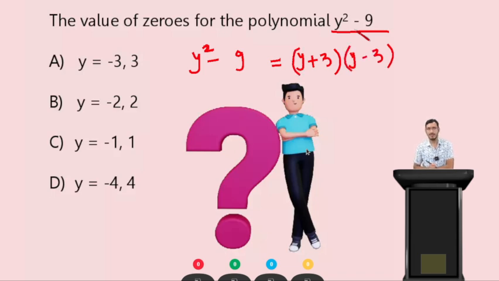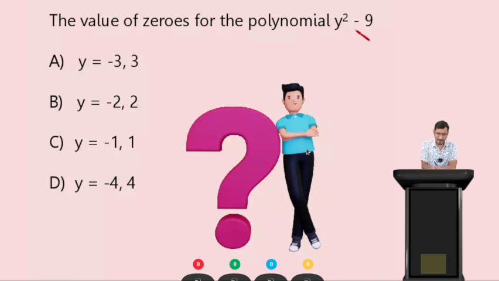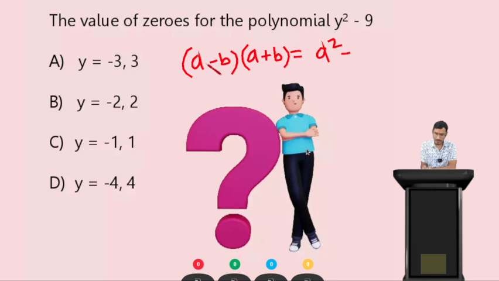Yes, it's an algebraic identity. The algebraic identity is a minus b, a plus b is equal to a square minus b square. Remember always.